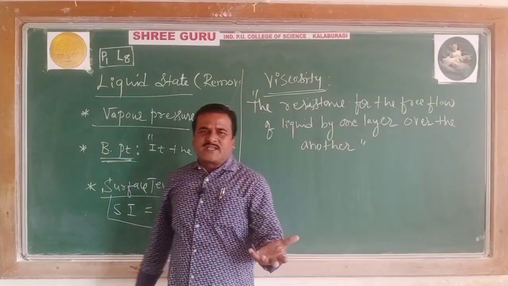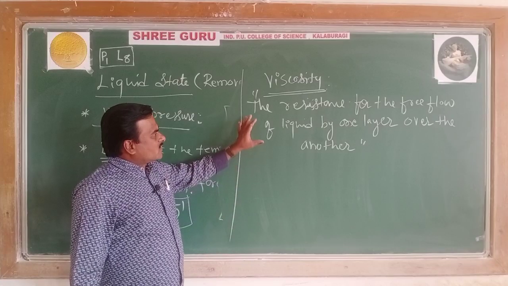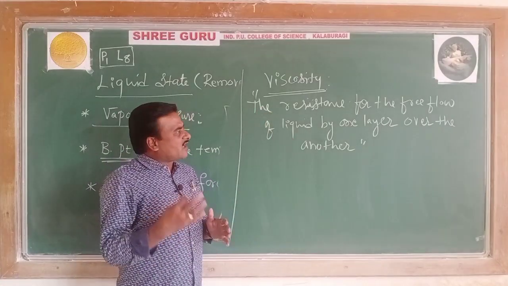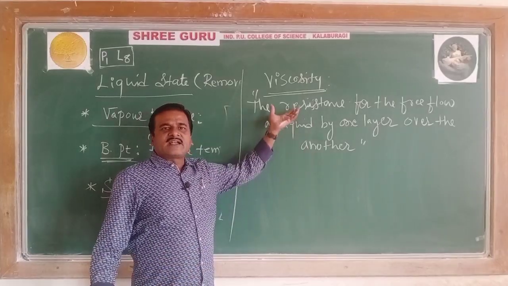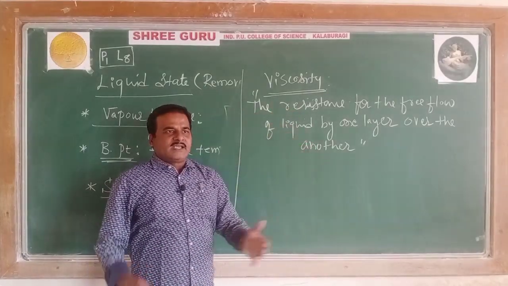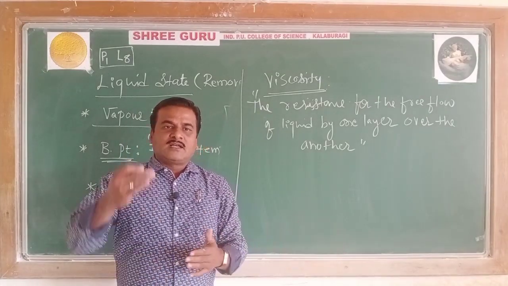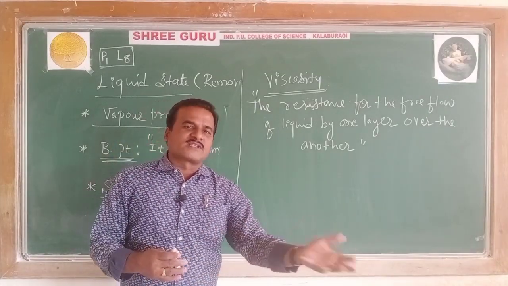The actual definition you will get if you refer: the resistance for the free flow of a liquid by one layer of liquid over another is called viscosity. See, more the viscosity, lesser the flow; lesser the viscosity, more is the flow.